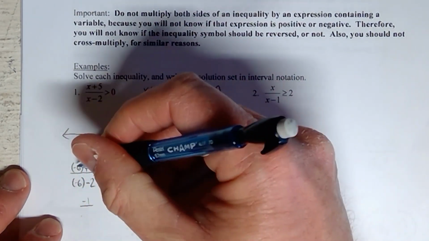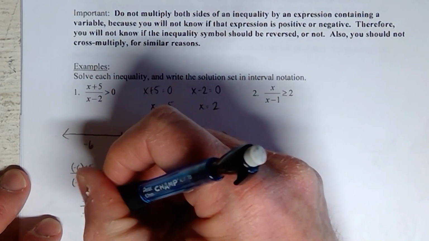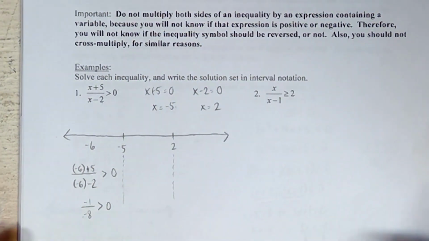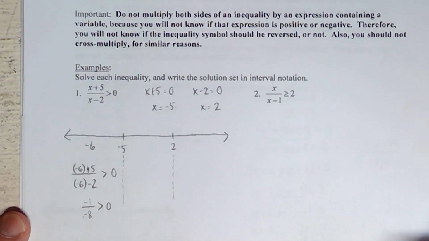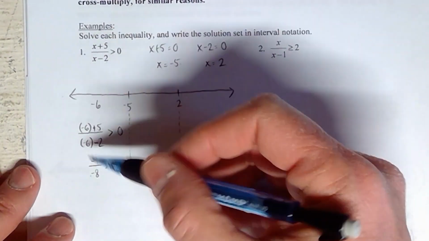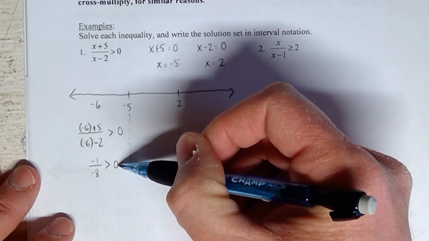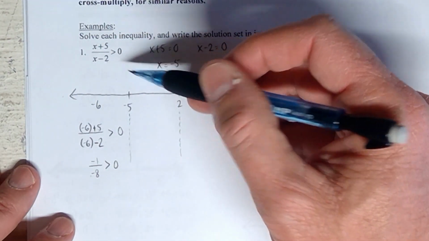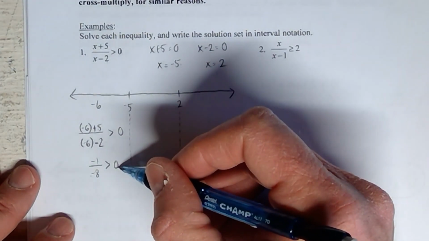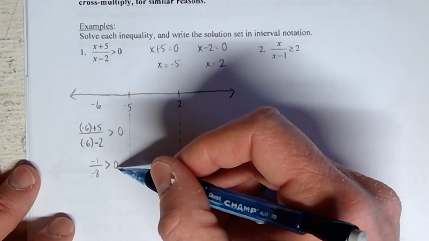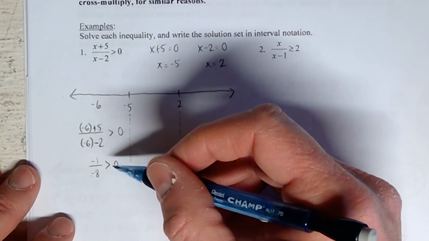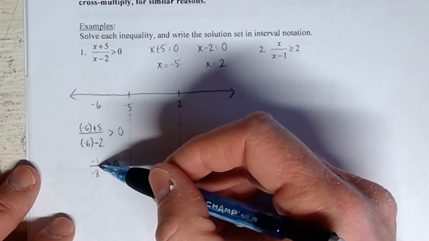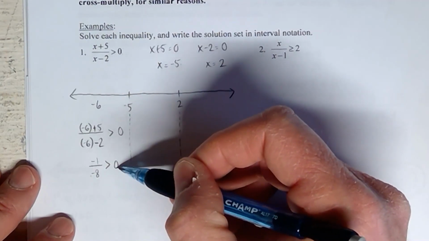So the top is equal to -1, isn't it? The bottom is equal to -8. Now, how do I know if this fraction is greater than 0? Remember, you guys, when you have a fraction and you have a 0 on the other side, that's one of the reasons why we want to have a 0 on the other side. It makes it a lot easier, because if you have 0 on one side of your inequality, if this is positive, it's always going to be true, because positive is always greater than 0.